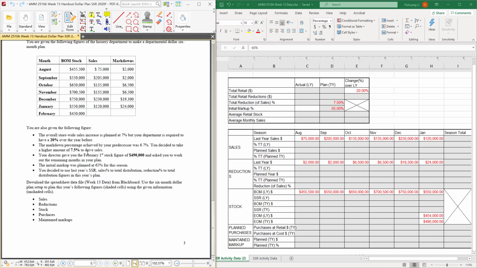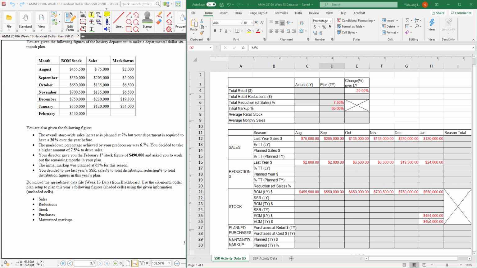And although this number is reported on February the 1st, it seems like this number is given for the following season, but we know the BOM of February equals to the EOM of January. So what we need to fill in here is EOM of the January instead of BOM of the February. Okay.